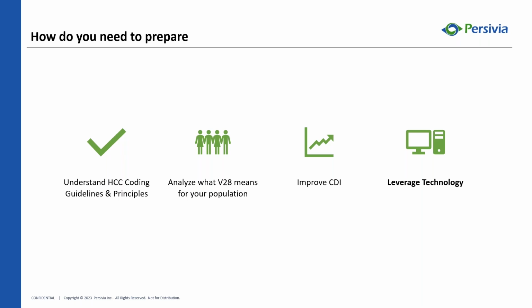You didn't get that diagnosis documented in the medical record and submitted. That's really what this model is intended to do. It's intended to have the monies available to you closer in time, because that's what V28 is intended to do, so that you can support the care of that patient.